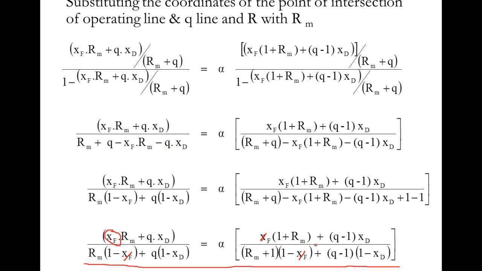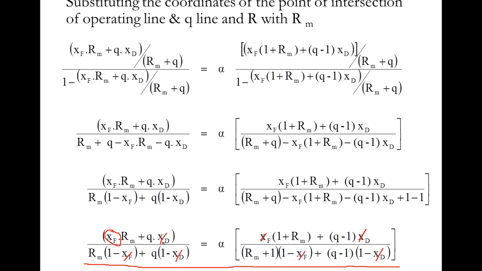Feed is something that we introduced to the column, so we know our xf. Then there's xd. Why do we know xd? Because we are designing a distillation column to obtain a certain desired product. The concentration is decided by us, not by someone else. So we know what xd is.